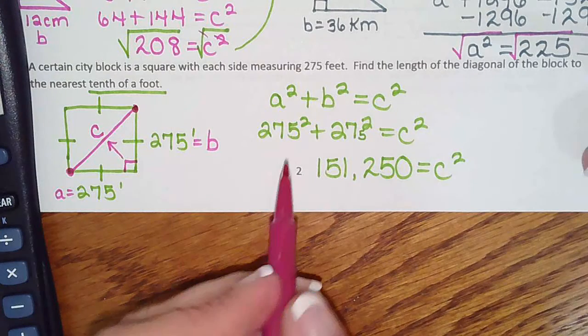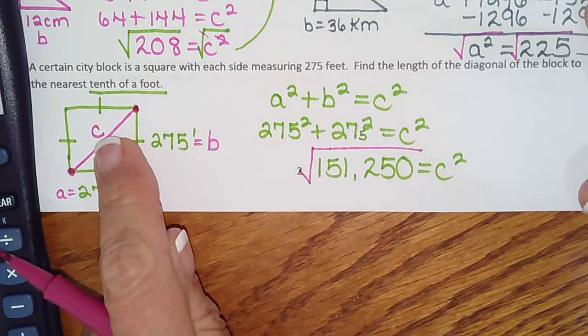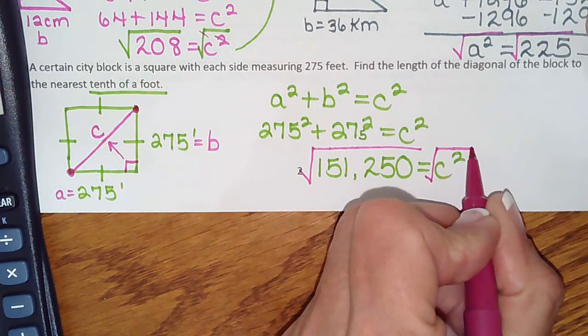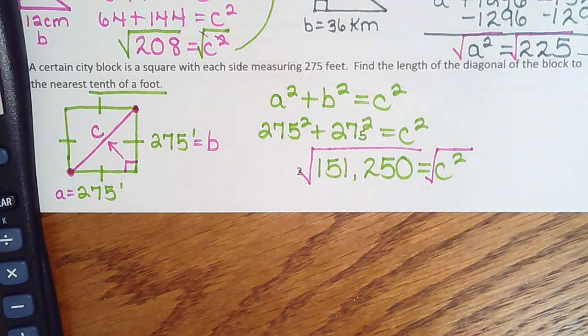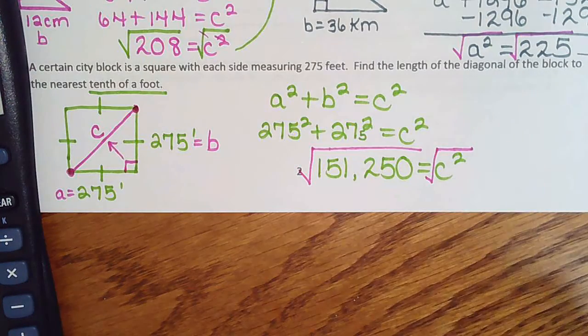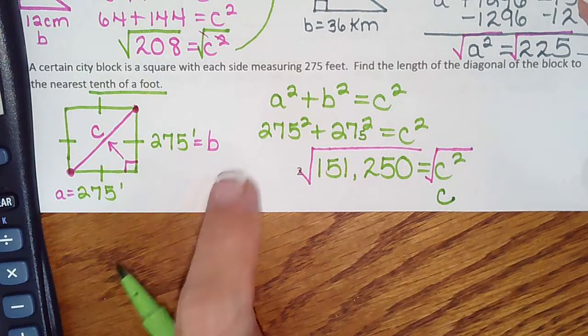And even though it's big numbers, it doesn't matter because guess what? We still do the same steps. In order to find out what C is, we don't want to know what C squared is. We have to undo that square, which means take the square root of it. But if I take the square root of the right side, I have to take the square root of the left side. So I get C, and it says round.